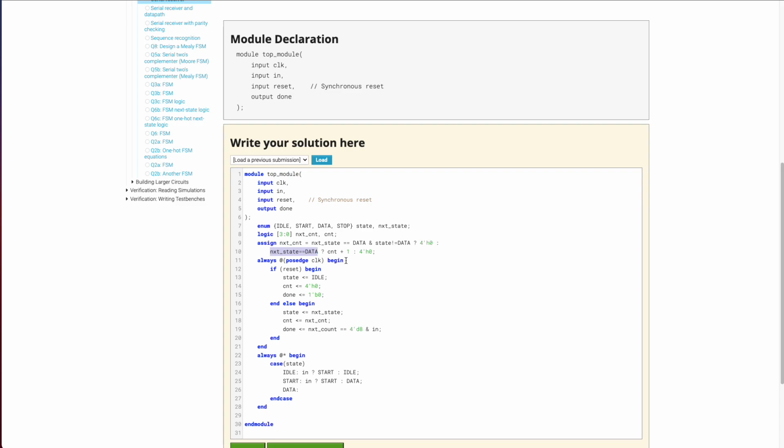And if we go to this case, it means that we're data and the other thing, so state equals data. So you just keep incrementing it, and otherwise, next state isn't data. We don't really care.